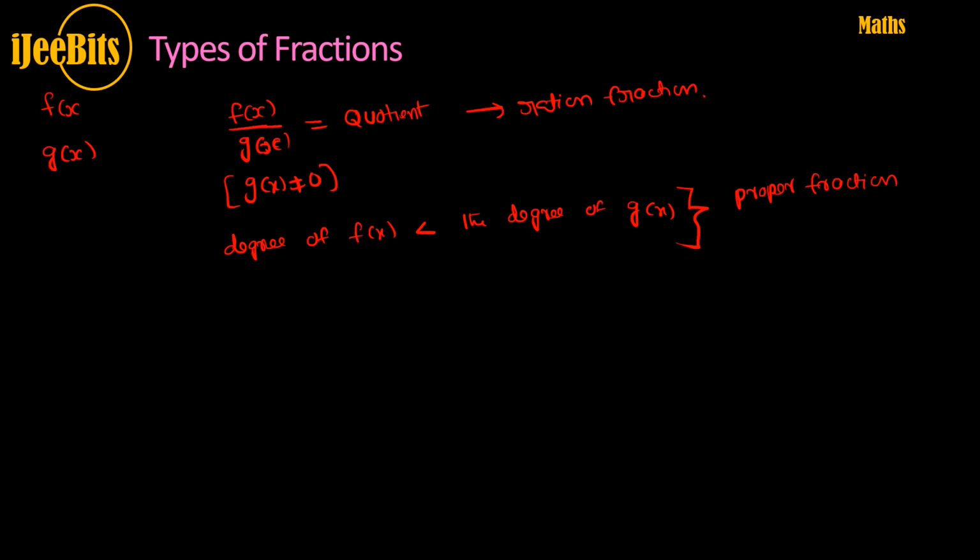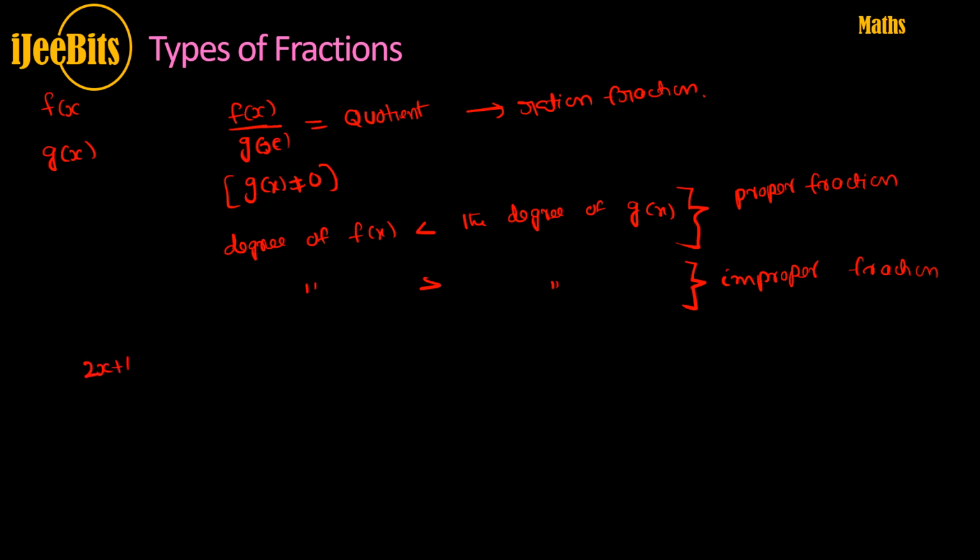Are you following me? If it is the other way around, the degree of f of x is greater than the degree of g of x, in this case the condition would be an improper fraction. Clear?